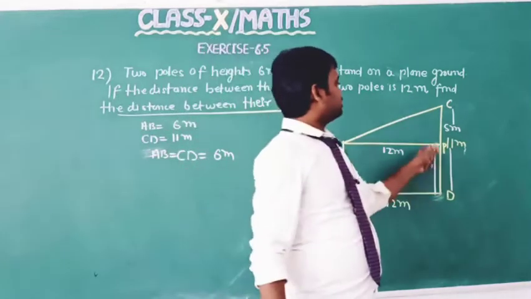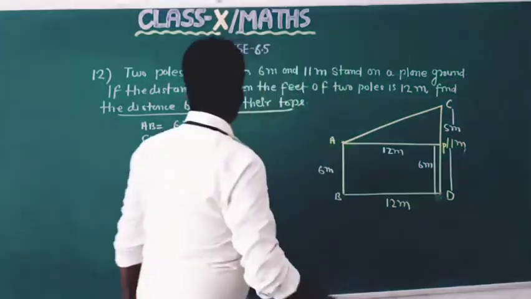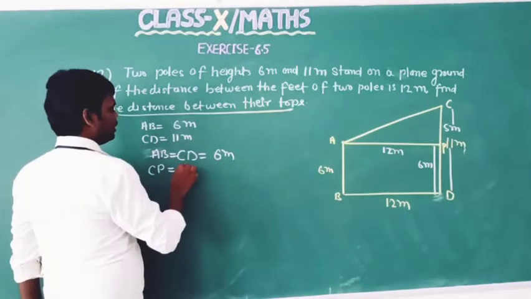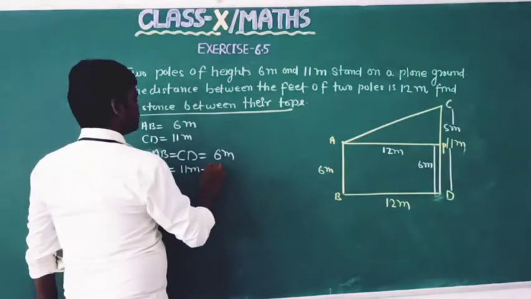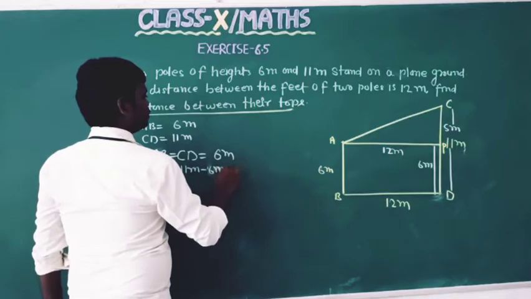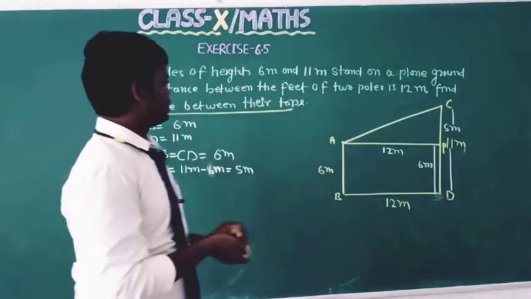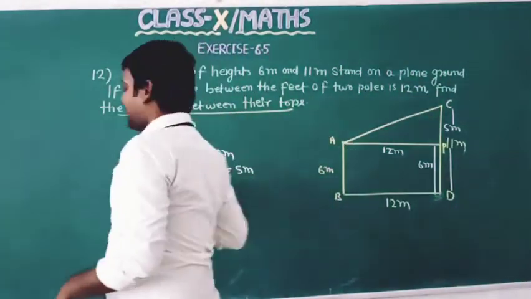And now find the distance CP. So CP equals 11 meter minus 6 meter equals 5 meter. Okay, so this is the distance CP equals 5 meter.